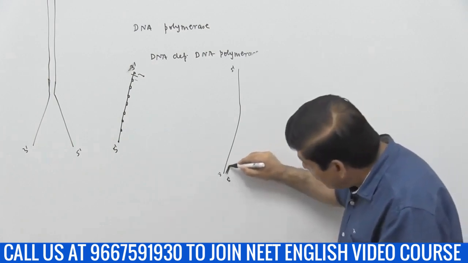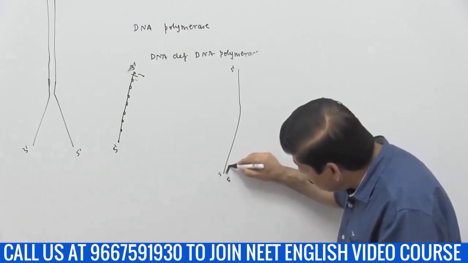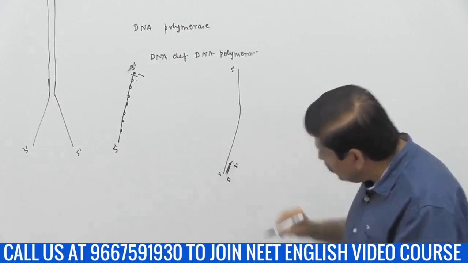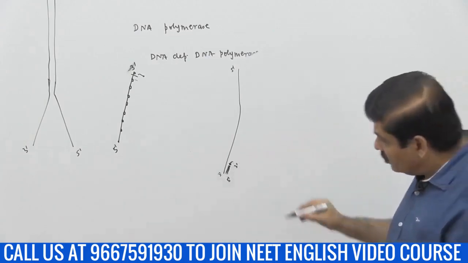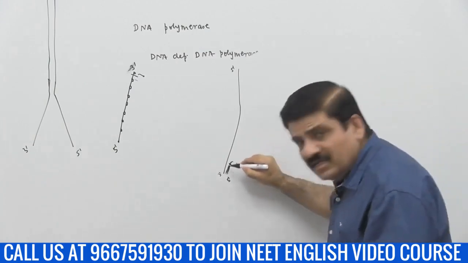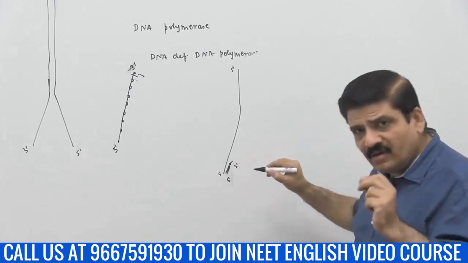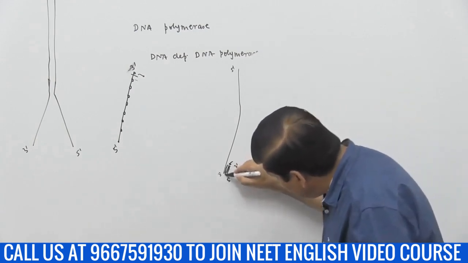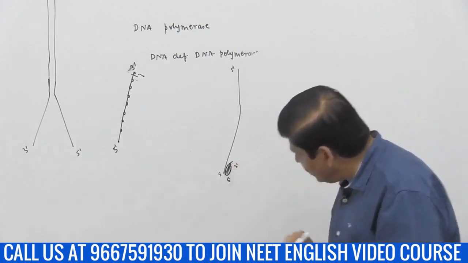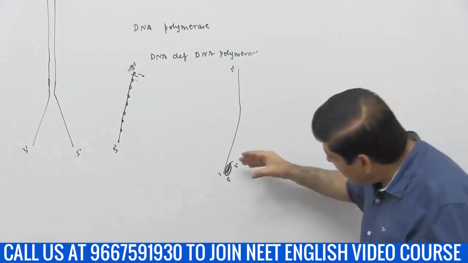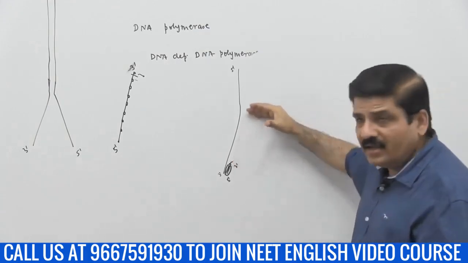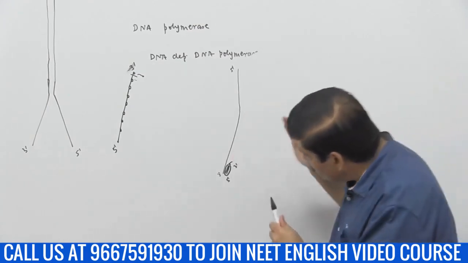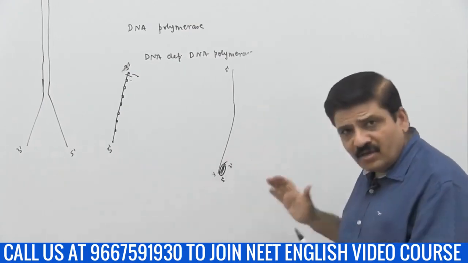It requires a 3' hydroxyl so that it can add deoxyribonucleotides to this end. Therefore there must be a pre-existing short strand that can be elongated by DNA dependent DNA polymerase. I hope this is very clear to you.